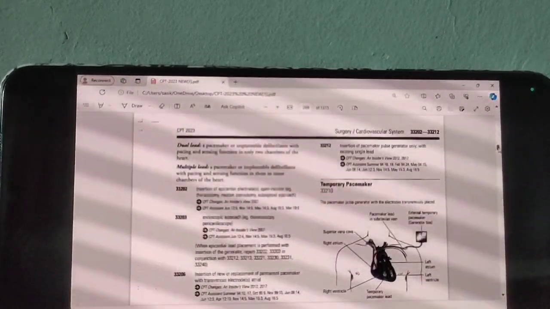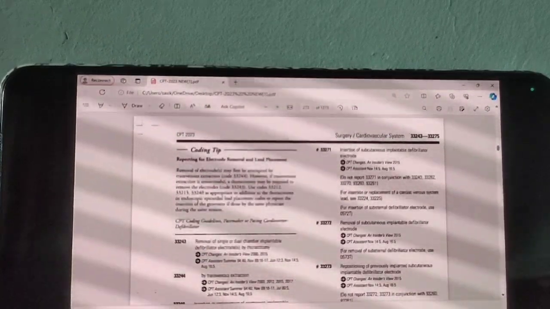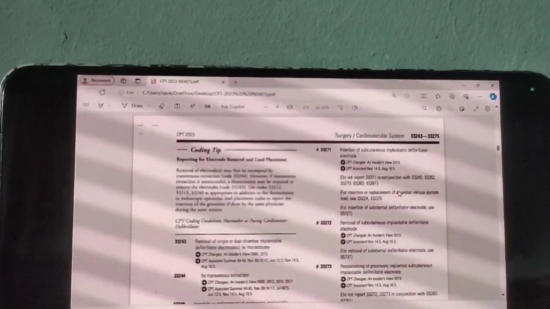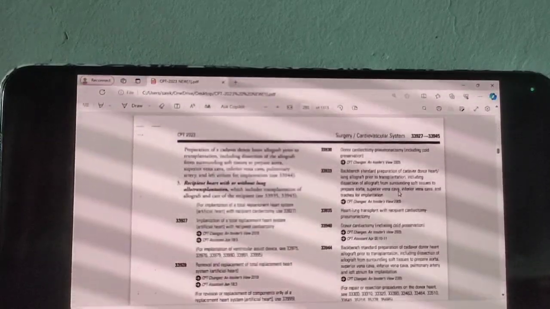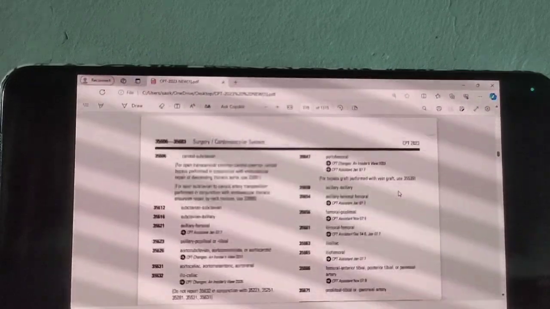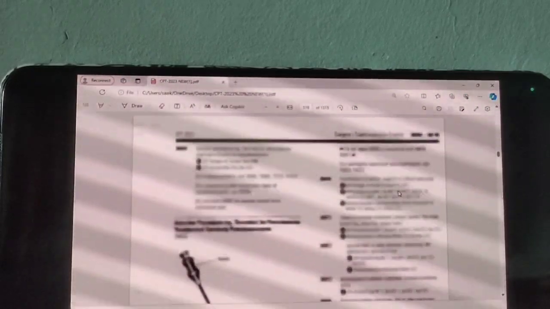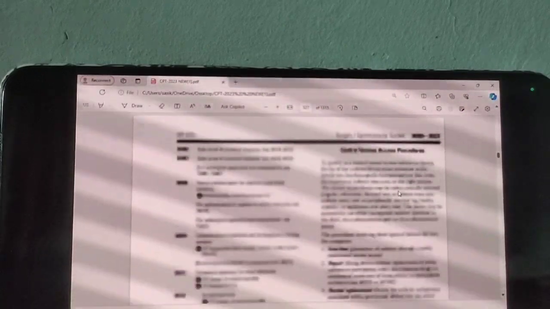Centrally inserted central venous catheter is CICC. Please take a note. Peripherally inserted central venous catheter is PICC.